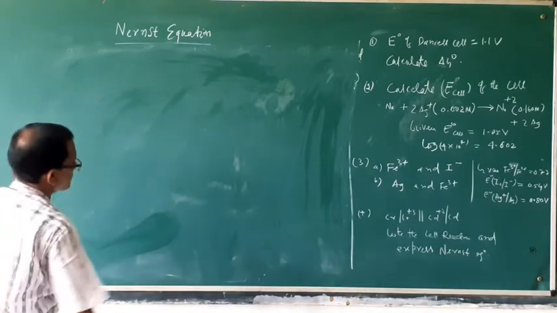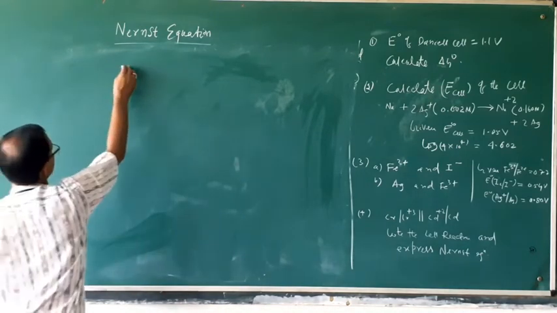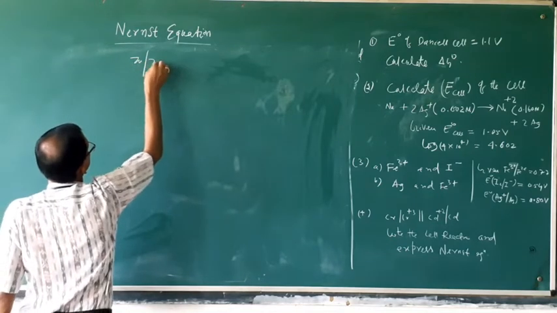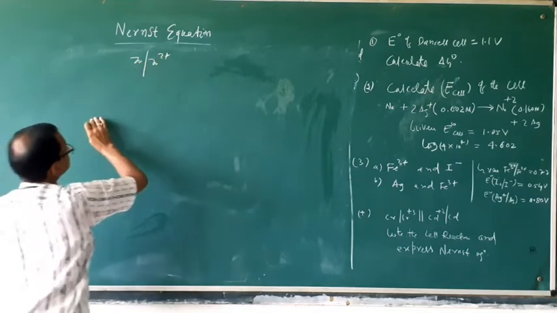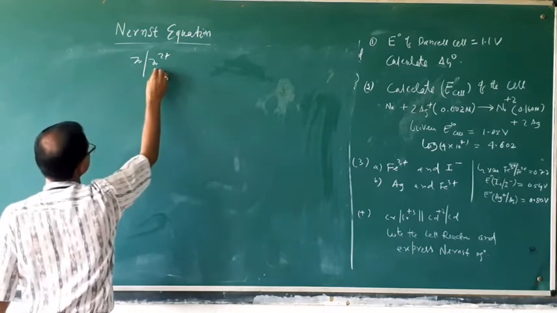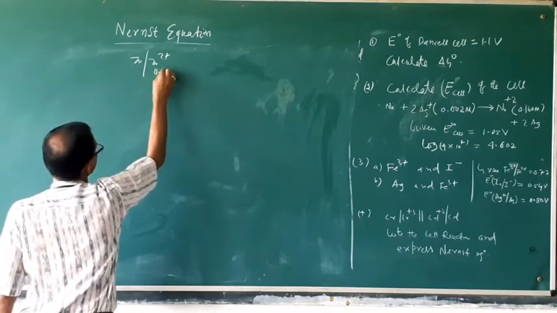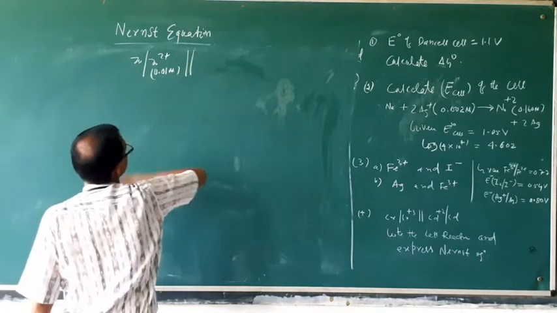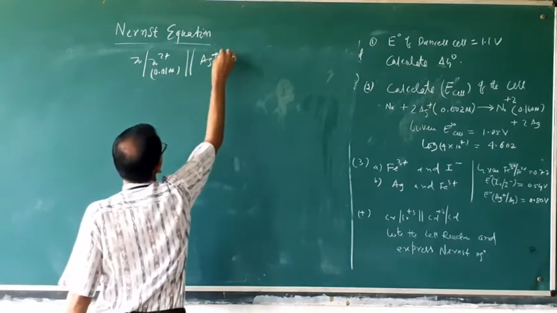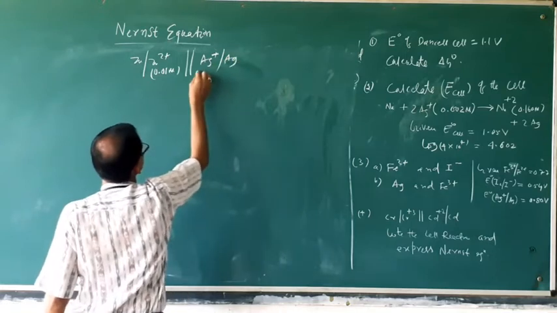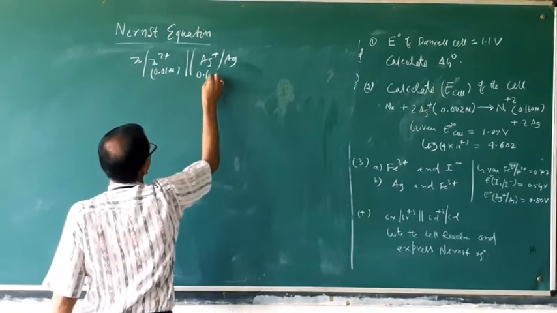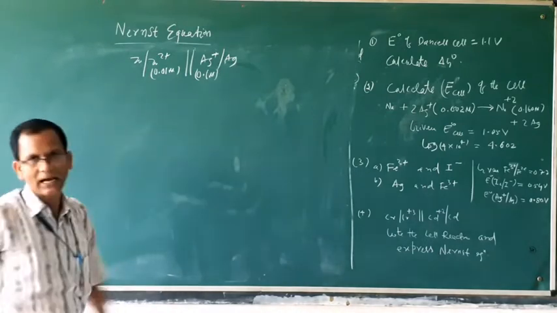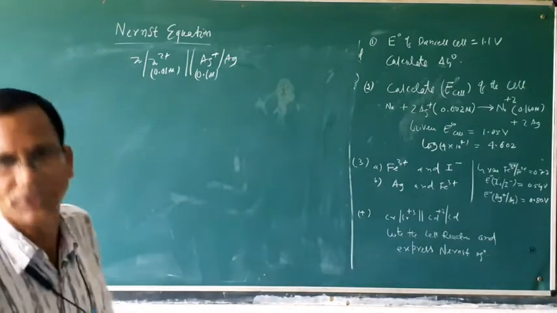Let the cell be typed like this: zinc, Zn2+, suppose concentration is 0.01 M, salt bridge, silver ion and silver, concentration is 0.1 M. Let it be concentration like this. For this cell, I can write the Nernst equation.